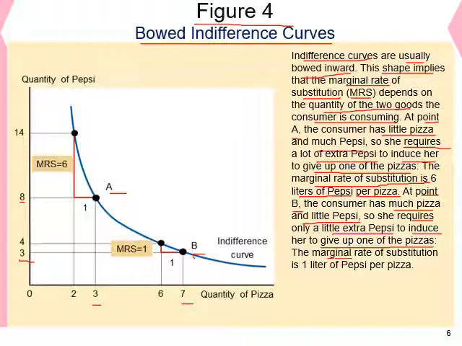The marginal rate of substitution is 1 liter for 1 pizza. For that reason, the indifference curve will bow inward.